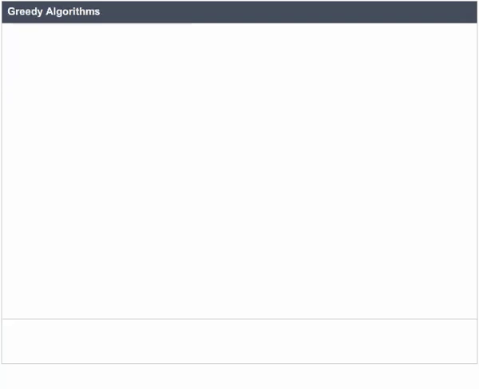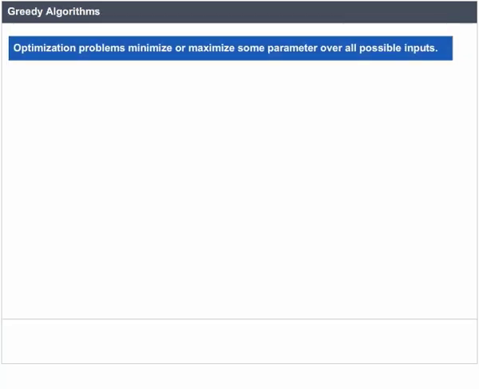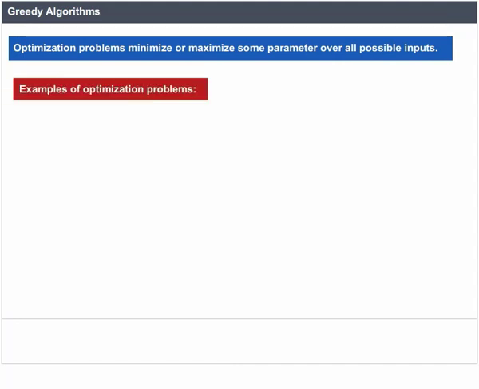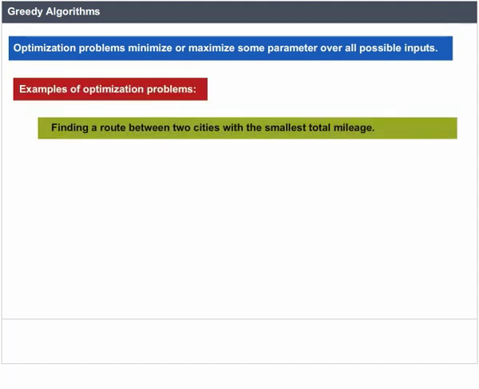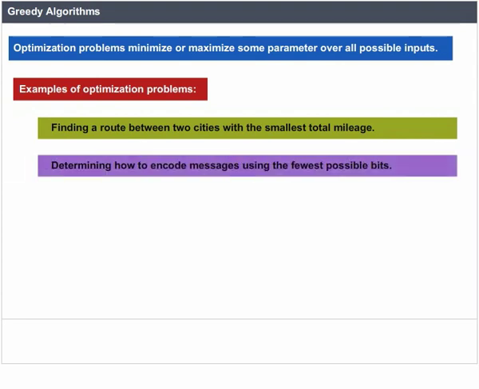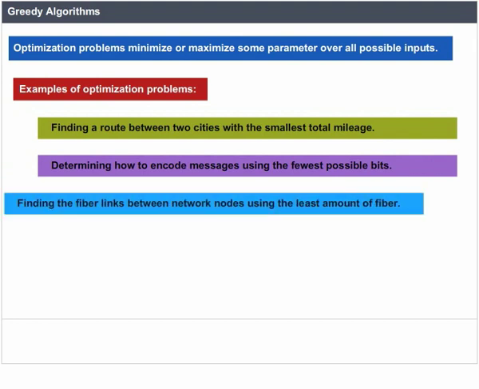Greedy algorithms. Optimization problems minimize or maximize some parameter over all possible inputs. Examples of optimization problems: finding a route between two cities with the smallest total mileage; determining how to encode messages using the fewest possible bits; finding the fiber links between network nodes using the least amount of fiber.